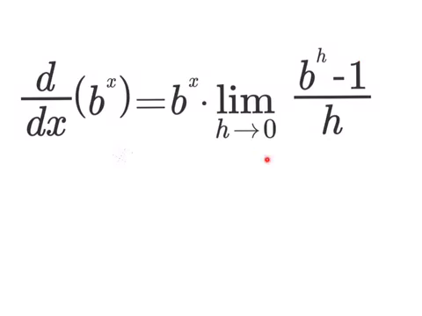And if we look at this limit, it depends upon one thing. It depends upon b. Depending on what b is, this limit will have some value. We don't know what that value is, but what this tells us is that the derivative of b to the x equals b to the x times some number that depends upon b.